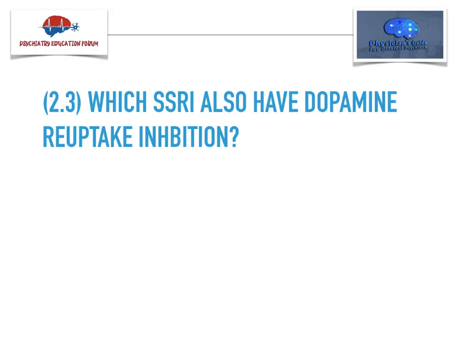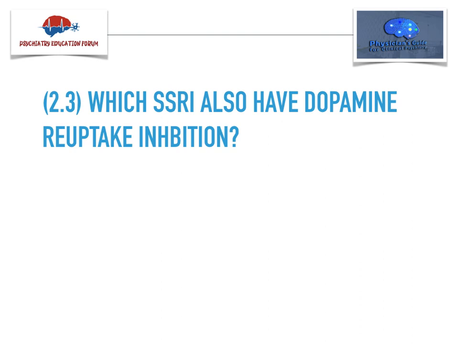So question number 3 is, which SSRI also have a dopamine reuptake inhibition effect? Well, this is interesting because we are talking of SSRI as only blocking serotonin reuptake inhibition. Is there a SSRI that also blocks dopamine reuptake inhibition? Well, there is.